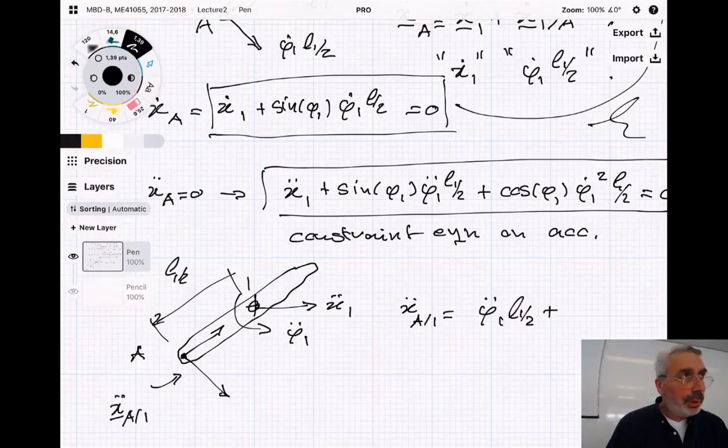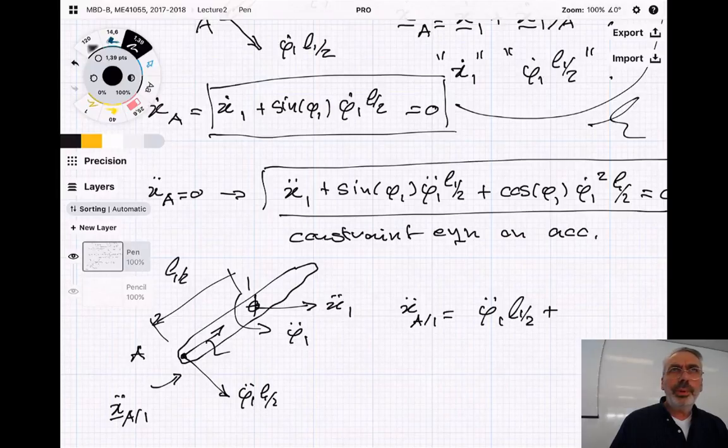I could give them a different color, but I'm colorblind, so that's not helping. These two arrows: this was the phi double dot L1 over 2, and this acceleration, which we call the centripetal or centrifugal, or the centri acceleration. There are so many terms for it.